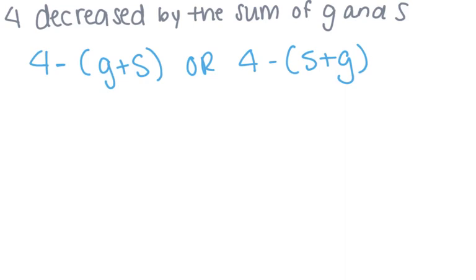So it's going to be 4 minus G plus 5, but you want the G plus 5 in parentheses because we have to make sure that we're doing the sum first. We're doing the adding part first. So that has to be in parentheses. So your expression can be 4 minus (G plus 5), or 4 minus (5 plus G).